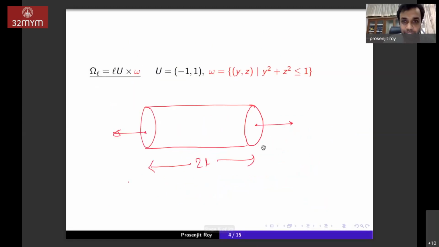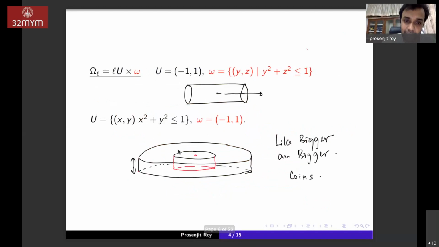And if U is (-1, 1), as I drew, and this omega is the ball, it's the usual cylinder that you get. Things can be more general cylinders. If U is a 2-dimensional ball, whereas the cross section is 1-dimensional, (-1, 1), then you are looking at domains that become bigger and bigger.